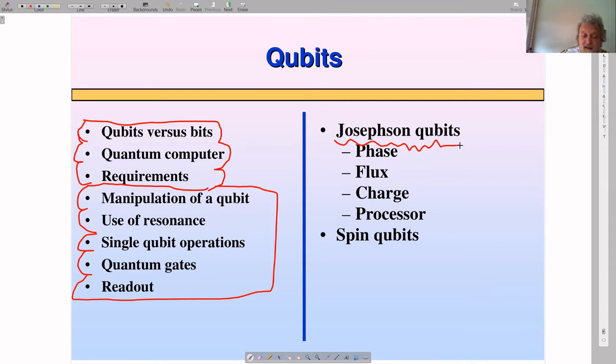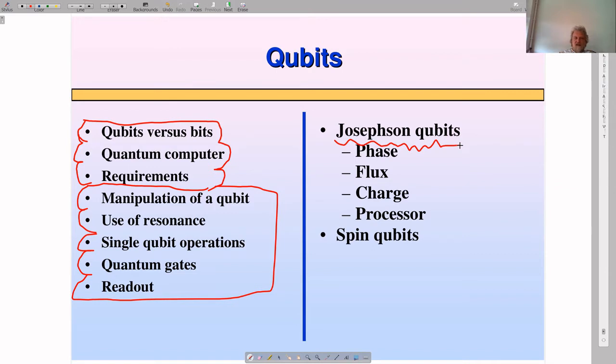I should say that Josephson qubit technology is quite developed by now, and not all the types I will list are actually used for modern qubits. But the physics, which has been studied, which has been attempted to be implemented for this system, was to understand how all this works.